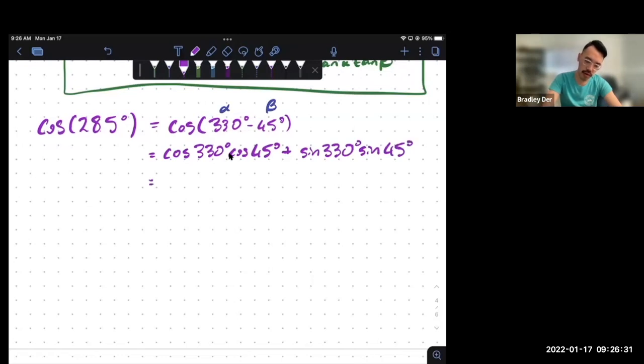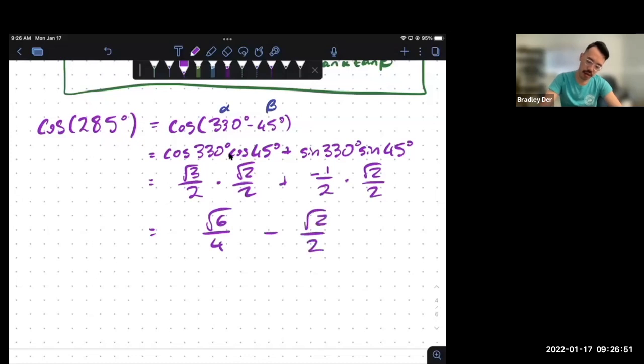Cosine of 330 would be root 3 over 2, root 2 over 2, negative 1/2, and root 2 over 2. And this is what I'm talking about. The root 6s, oh, sorry, that's a 4. And the root 2s and the 4s, they'll keep showing up, but the order will change and the sign will change, S-I-G-N sign. So be on the lookout.